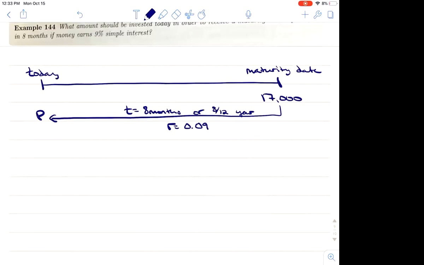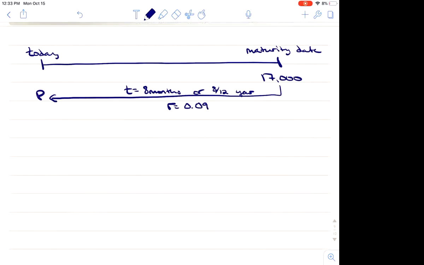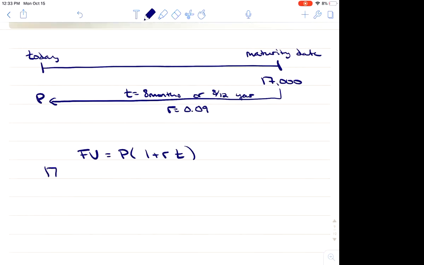Like I said, I like to have as few formulas to deal with as possible. So I'll just start with the future value formula, right? Not the P that we just developed. But if you start with the P we just developed, it would be the same thing. So the future value is P times 1 plus R times T. The future value in this case has to be 17,000.